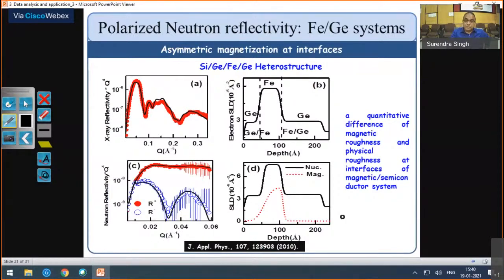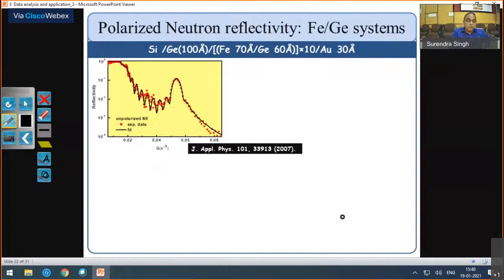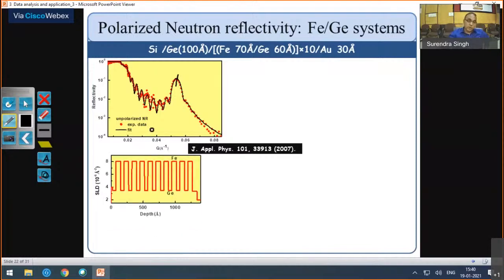Then we did the same thing, neutron reflectivity, on the multilayer sample, and this is unpolarized neutron reflectivity. You see a nice Bragg peak over here, then Kiessig oscillations, which are 8 in number, and this is the Bragg peak. This is unpolarized, so we have only one reflectivity pattern, and from this we get the scattering length density.